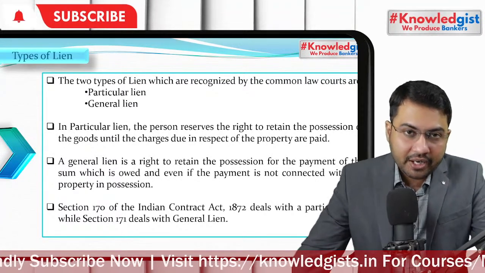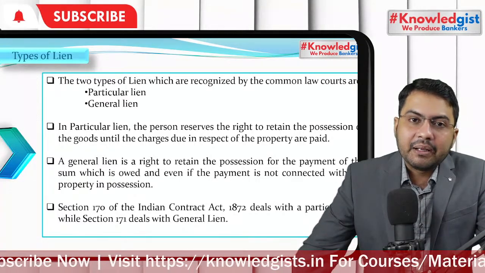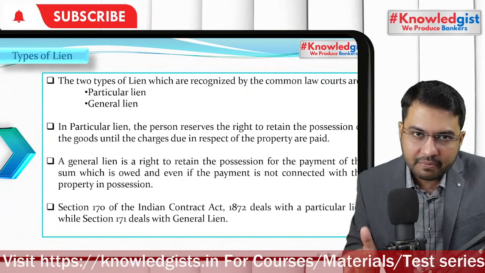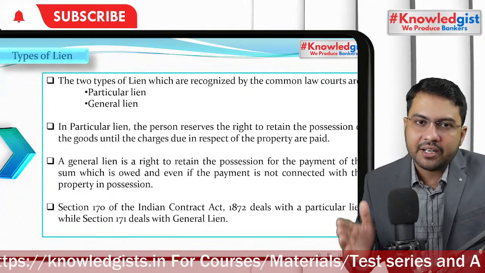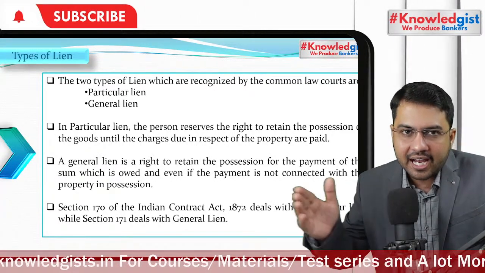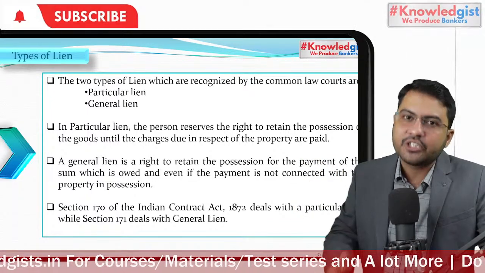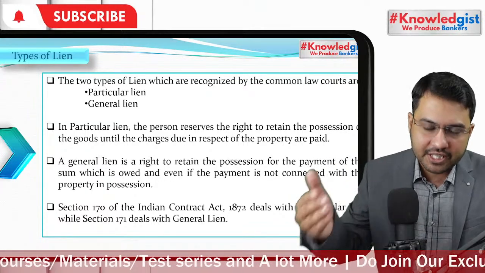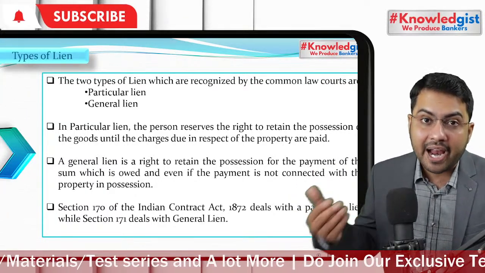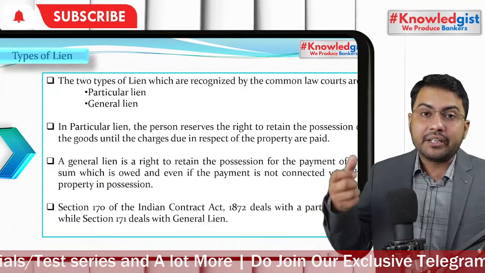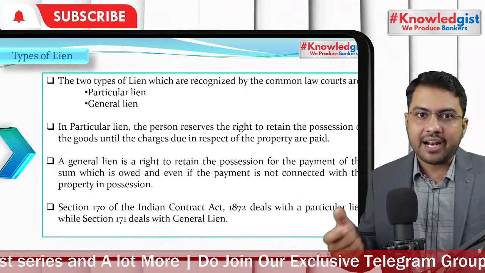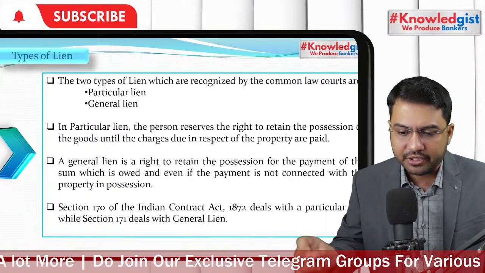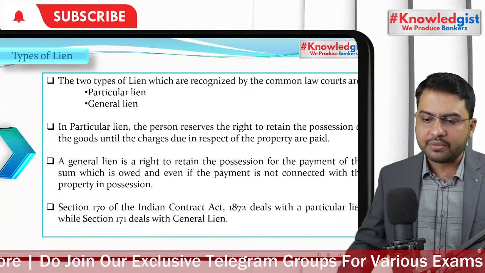But if in the loan account there is a due and the customer is not paying, under the provisions of general lien you can mark lien on his money lying in your branch or in any other branch. At the time of implied pledge you can even deduct the money from his savings account and credit it to the loan account if the customer is not paying to you.